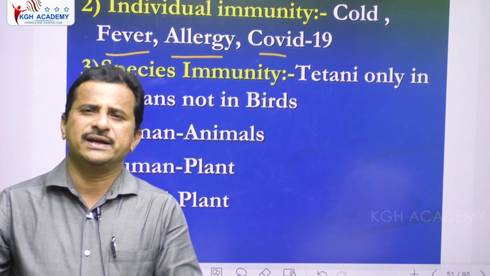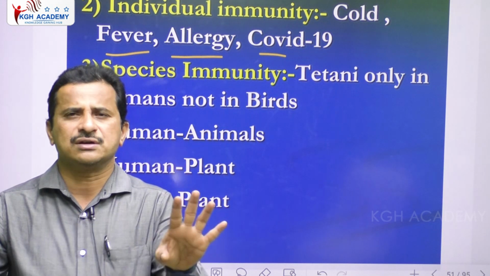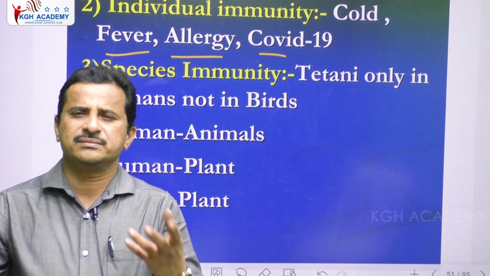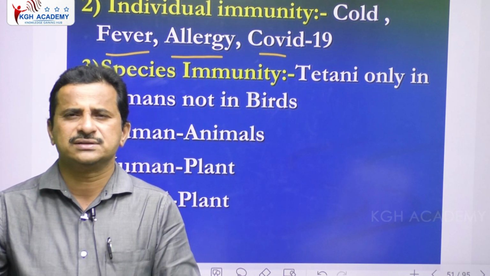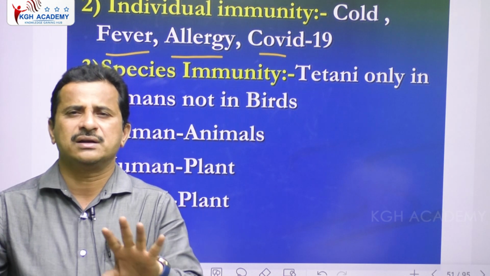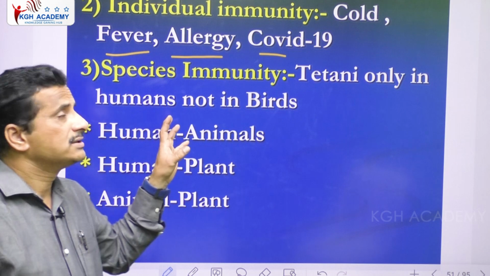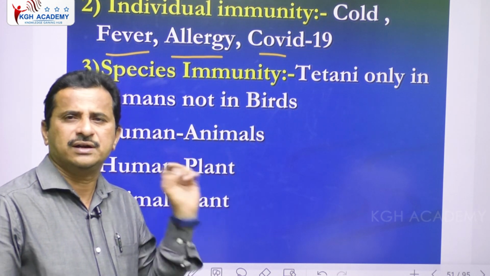The same microorganism causes more damage in some persons and none in others. Or the same chemical causes severe allergic reactions in some persons, medium in others, and sometimes no allergic reaction. So individual to individual, immunity is different.